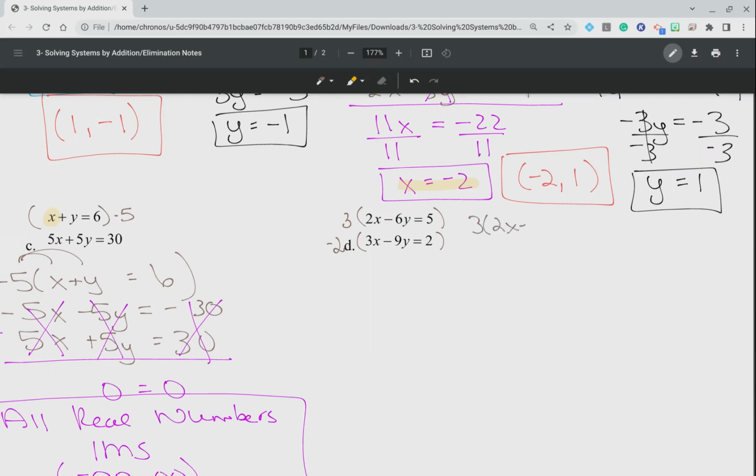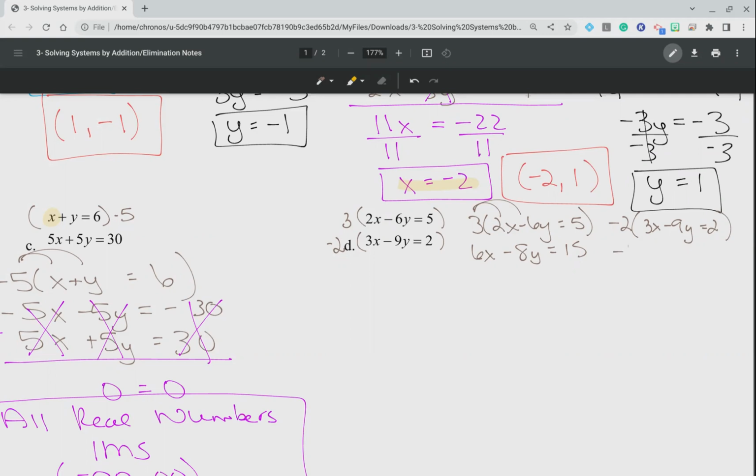3 times this whole equation. Let's see, I'm going to get 6x minus 18y equals 15. And then I'm going to multiply my bottom equation by negative 2. And remember, they have to be opposites so that they eliminate each other.